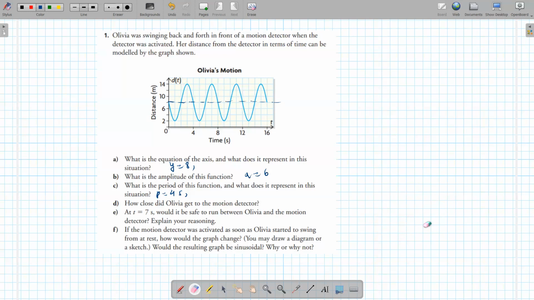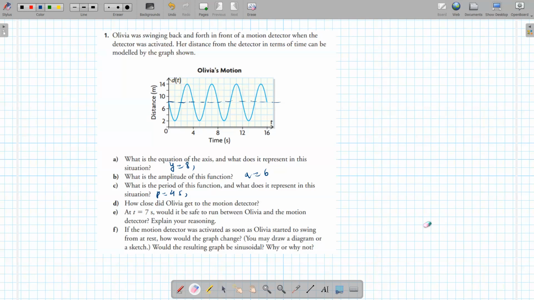How close did Olivia get to the motion detector? 14 meters. So that's how far she got, not how close.